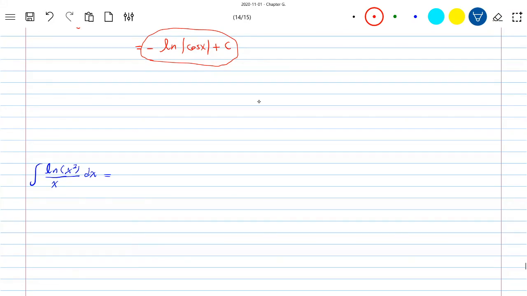How about if we pick the whole thing, ln x squared, as our substitution? What if I pick u to be ln x squared? In that case, what would be the derivative? du over dx would be, by the chain rule, 1 divided by x squared multiplied by the derivative of the inside, which is 2x.